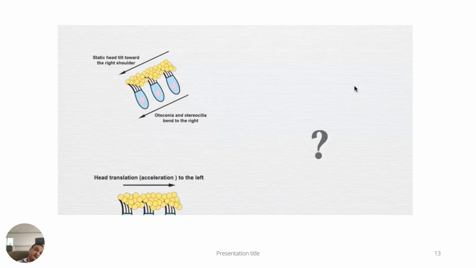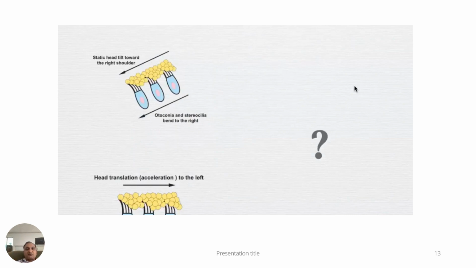Tilting of the head sideways will also cause bending of the hair cells. Thus, the vestibule doesn't have the capacity to recognize whether the head is turning to the left or bending to the left, because in both cases, because of the weight, the hair cells are displaced in the same direction.